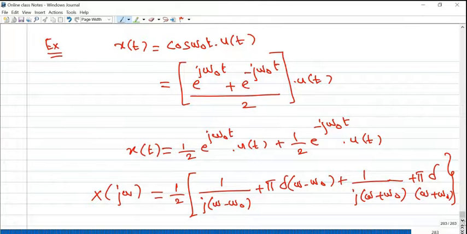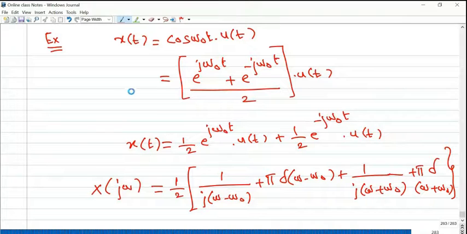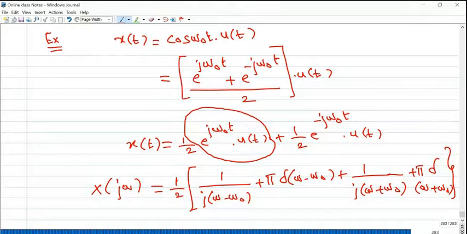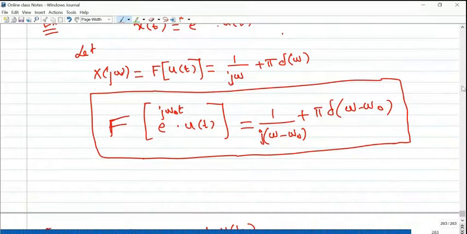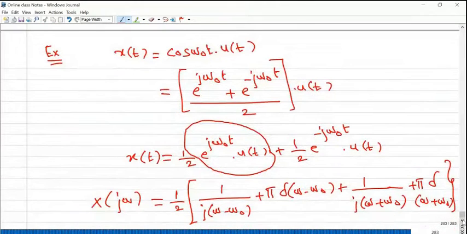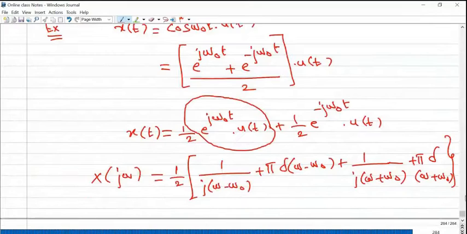Just now we solved e power j omega naught t u of t, with result 1 by j(omega minus omega naught) plus pi del of omega minus omega naught. If the minus is there, then here it is plus. So I have directly written this formula because we just solved that problem. Thank you all.